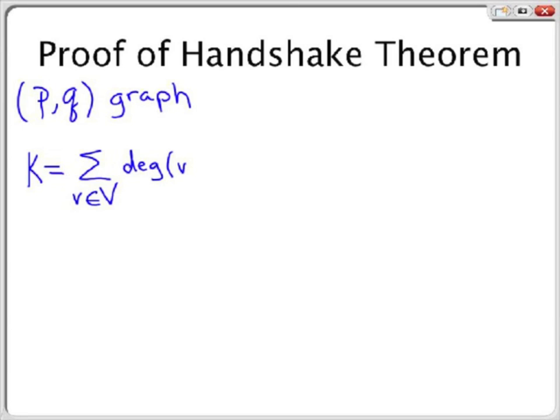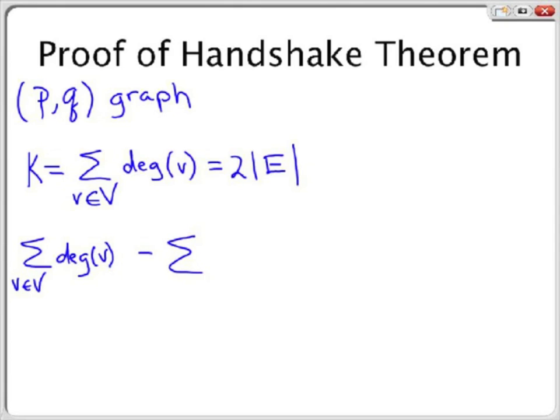From the above, we have that k equals 2 times the number of edges, which is an even integer. Subtracting from k the degrees of all vertices of even degree, we are left with the sum of all degrees of odd vertices in V. That is the following.